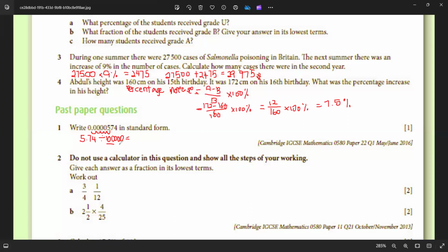But we can also change it to times, so it's 5.74 times 10 to the power of -5. And this is the answer.